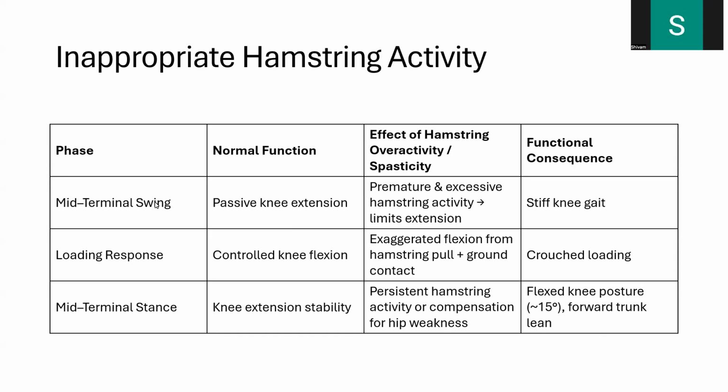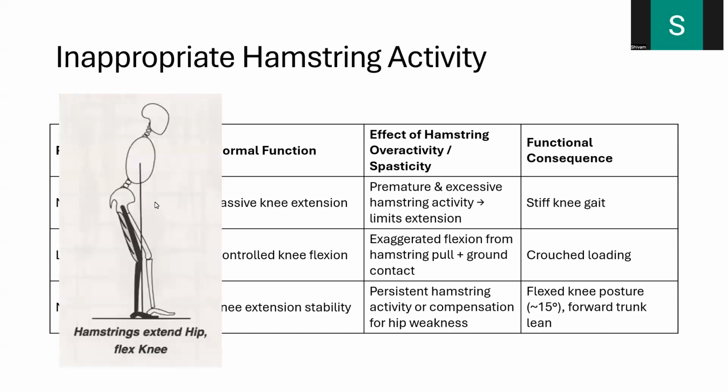Forward trunk lean is one of the functional substitution mechanisms in people with hamstring spasticity. Here we can see forward trunk lean, the hamstring is spastic, the knee is flexed more than it normally should be, and the forward trunk lean is basically acting as a support pad.